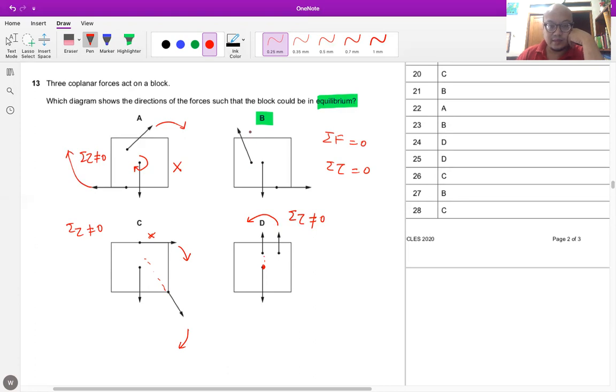Over this one, the answer is this one. Why?